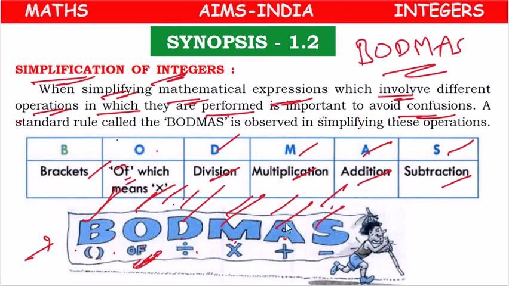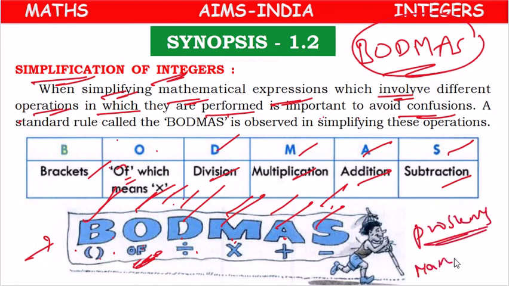This BODMAS rule we have to keep in mind when solving problems involving many mathematical operations like plus, minus, into, by. If it has many mathematical operations, the BODMAS rule is to be used.